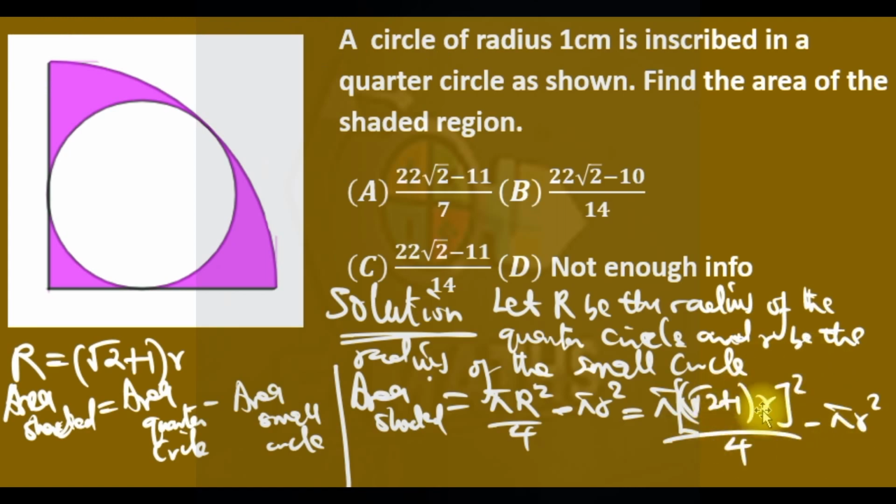So we have that the area shaded is now pi times root 2 plus 1 all squared times r squared over 4, minus pi r squared, as you can see. So this square affects this and this, so this square times this square.